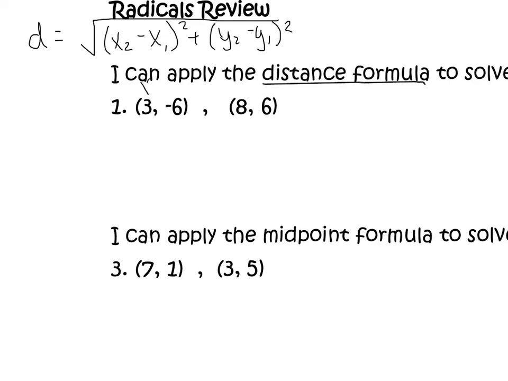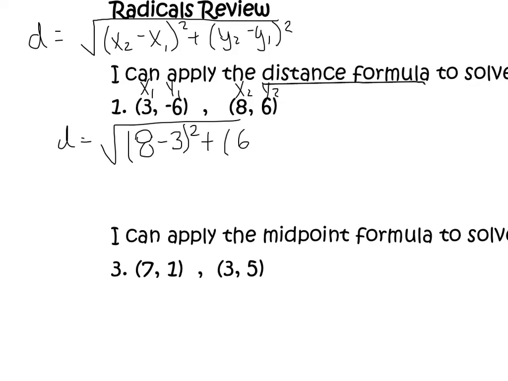So I'm going to name this one x1, y1, x2, y2, and we'll go from there. So x2, 8, minus x1, 3 squared, plus y2 minus y1, which is a negative, so that'll be positive.